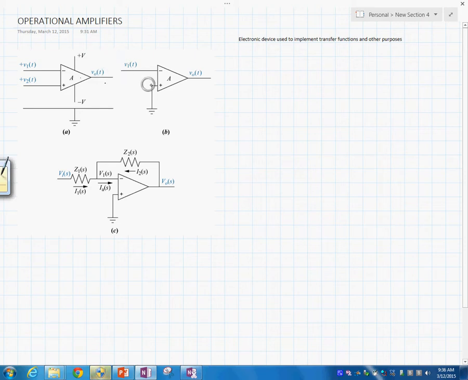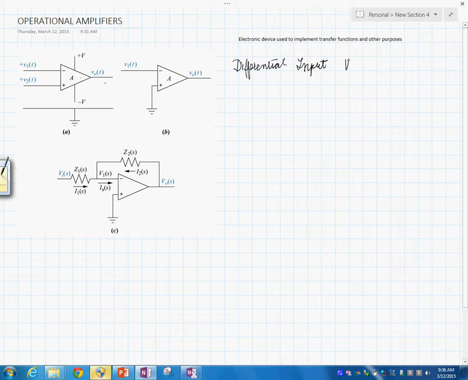So we are going to first say this is a differential input. Let's write it down. Differential input.